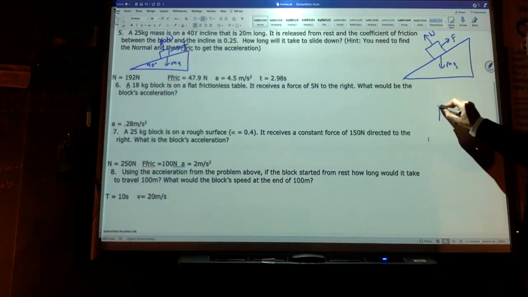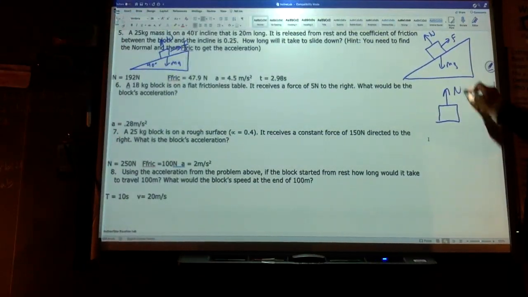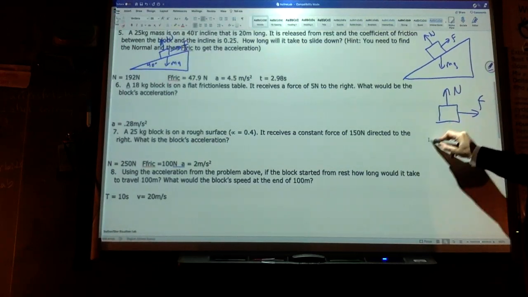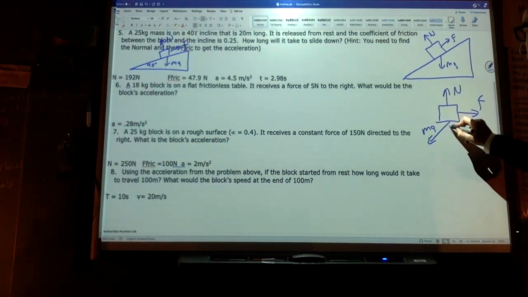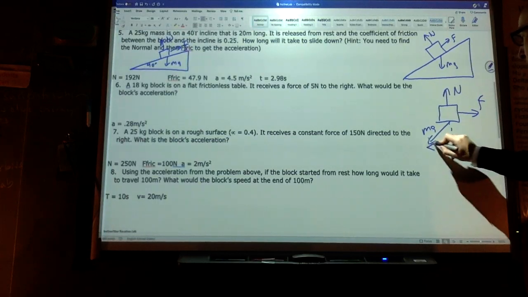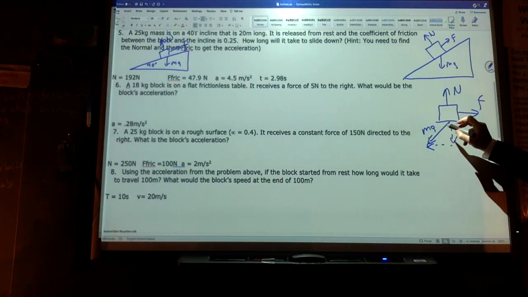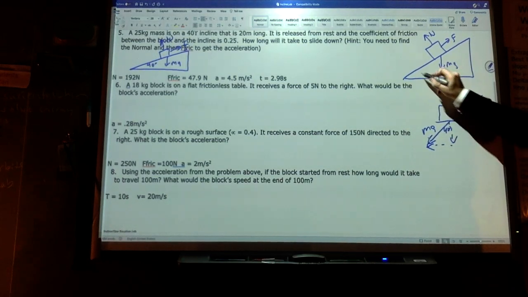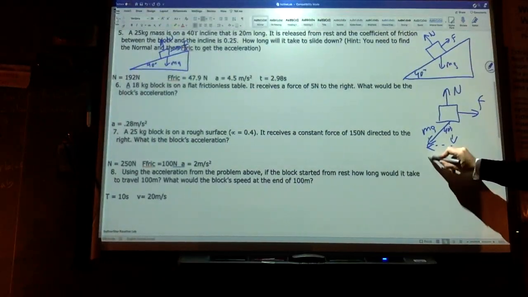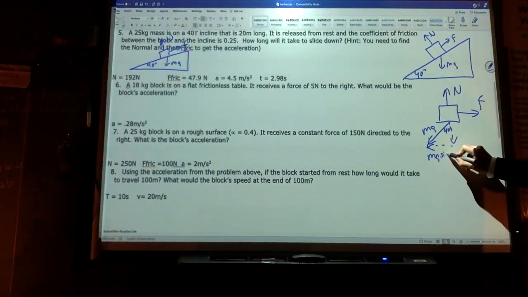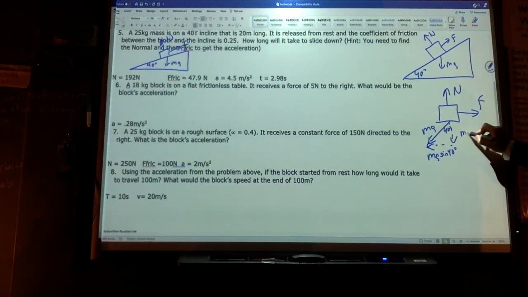I'm going to rotate it. And this will be the longest of our problems. And then since my angle's up here, that angle, this is mg sine of 40, and this is mg cosine 40.